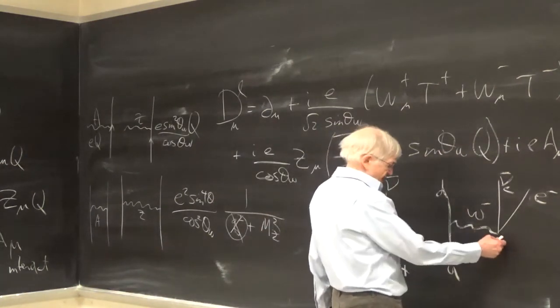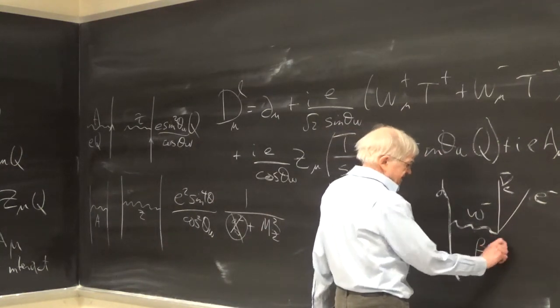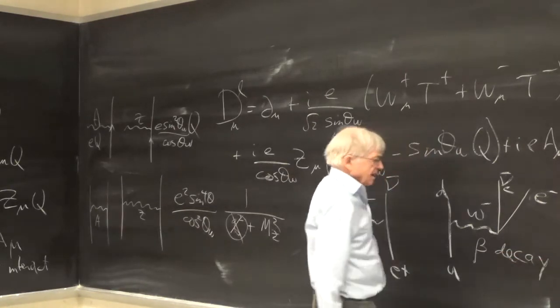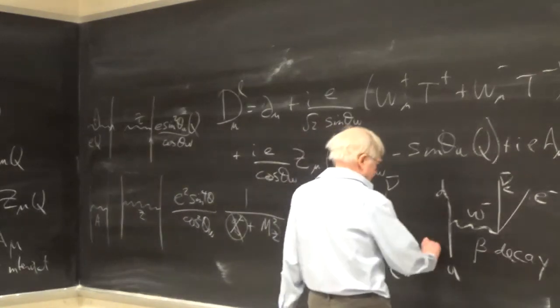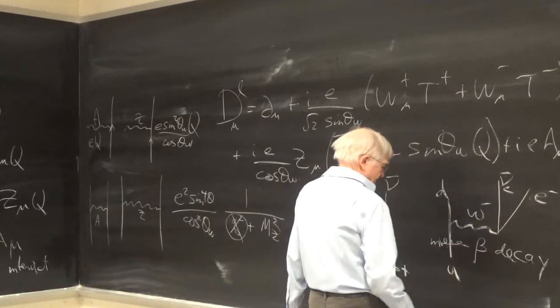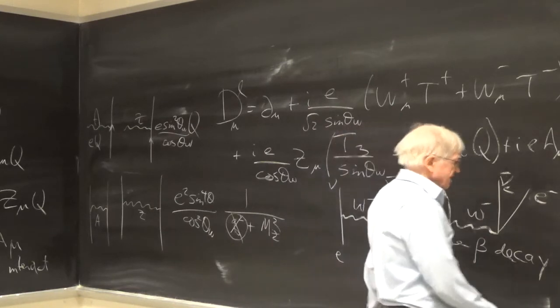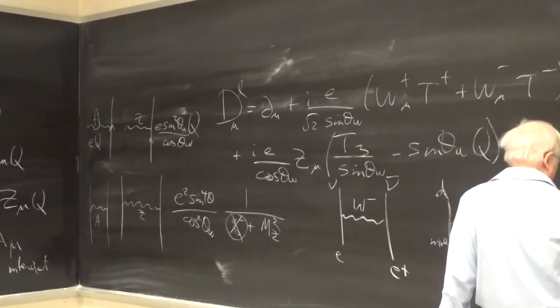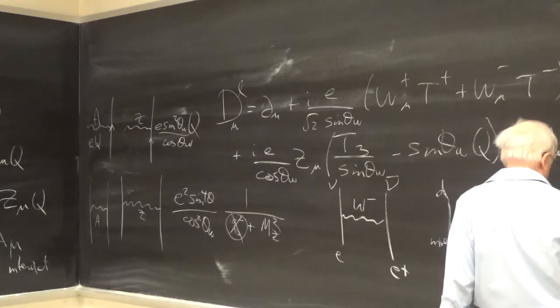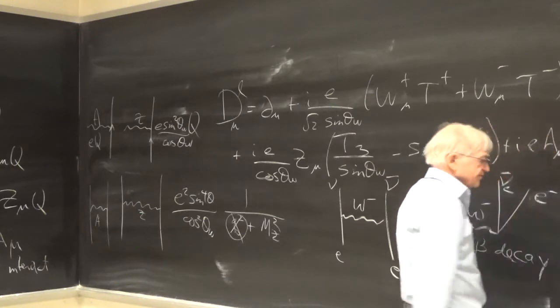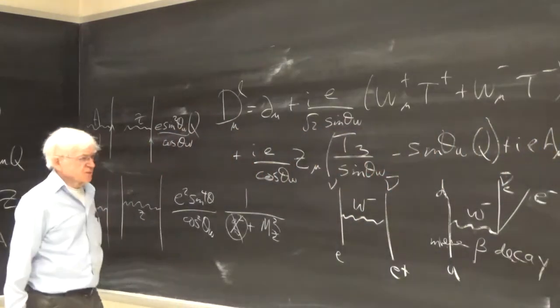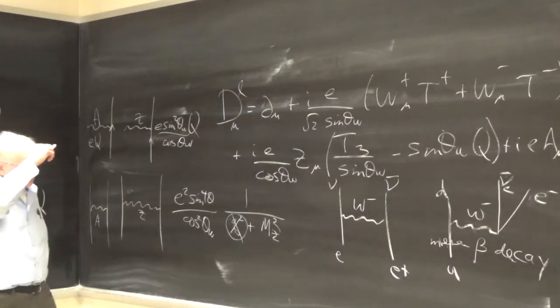In particular, this process here is what we call beta decay, where actually that's inverse beta decay now that I think about it. The actual beta decay has a down quark coming along, turning into an up quark, then a W plus goes along, and what comes out is a positron and an electron neutrino. So that's when a neutron turns into a proton in a nucleus.